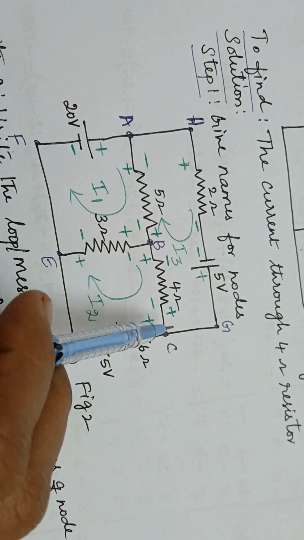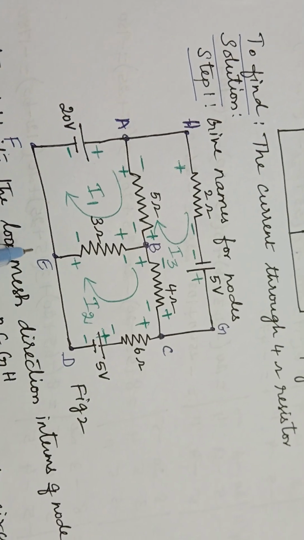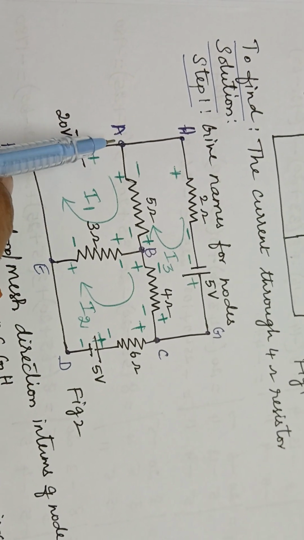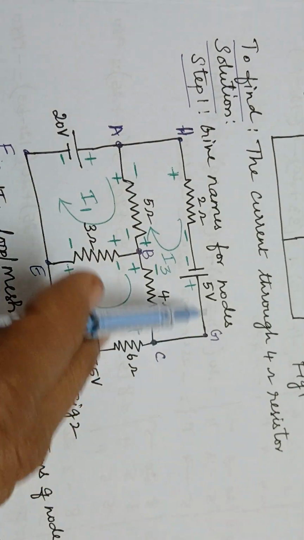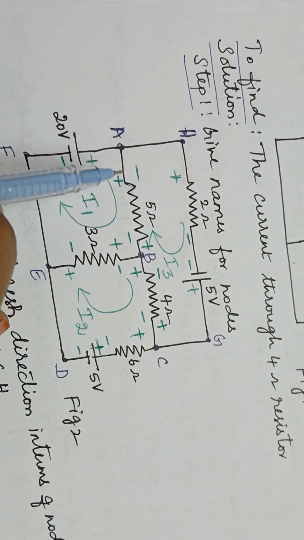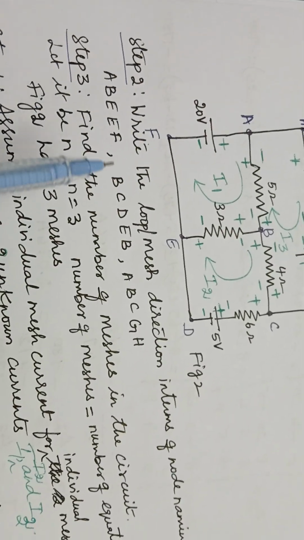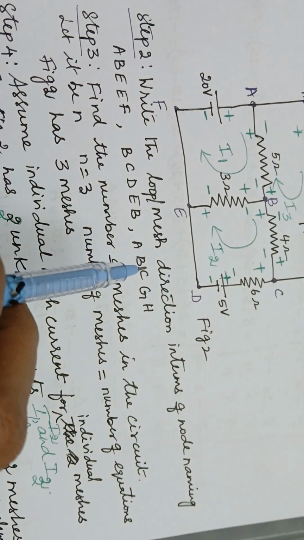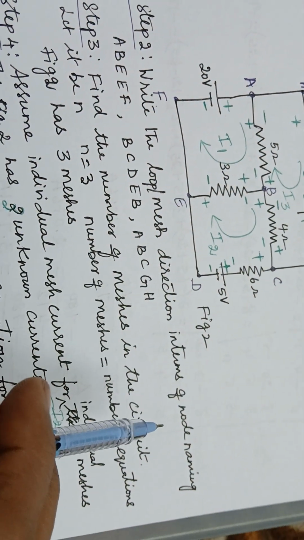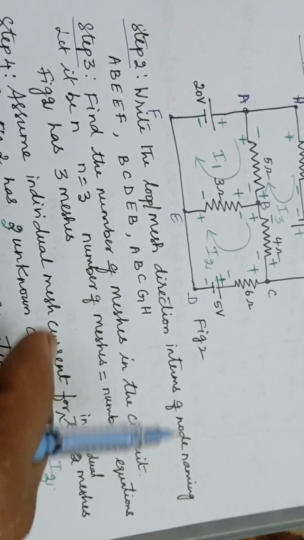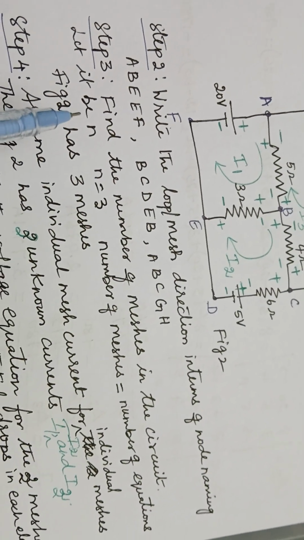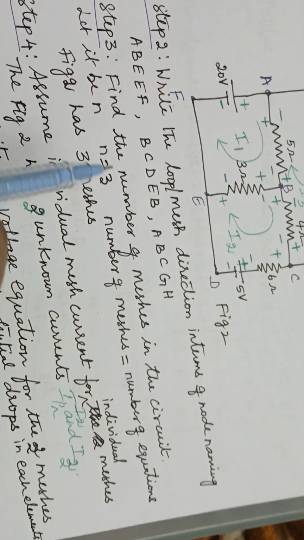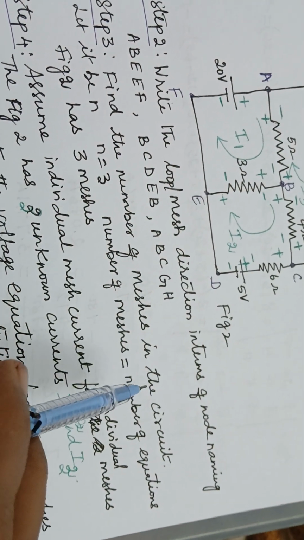Another is B, C, D, E. Another loop is A, B, C, G, H. So these are the 3 loops. So the second step is to write the loop or mesh directions in terms of the node namings.